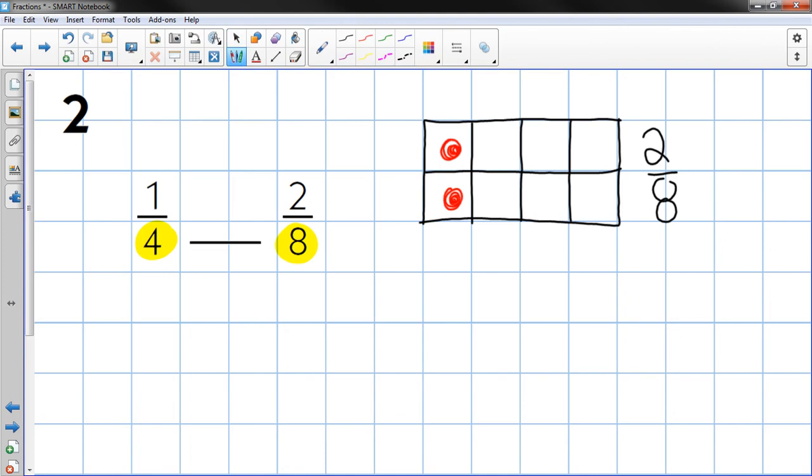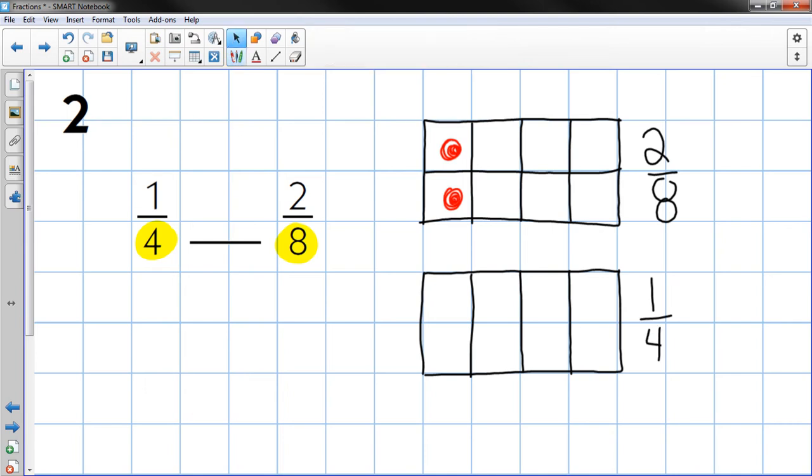And then down below, I know that I can take 1/4 and represent that fraction in a rectangle made of 8 pieces. So there's the 8 pieces, and I'm going to cut them into 4 equal parts. This is going to be 1/4.